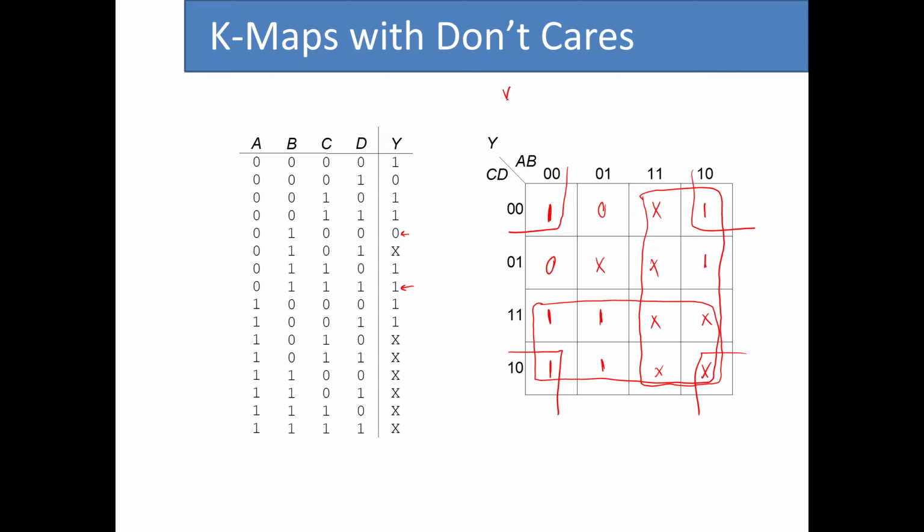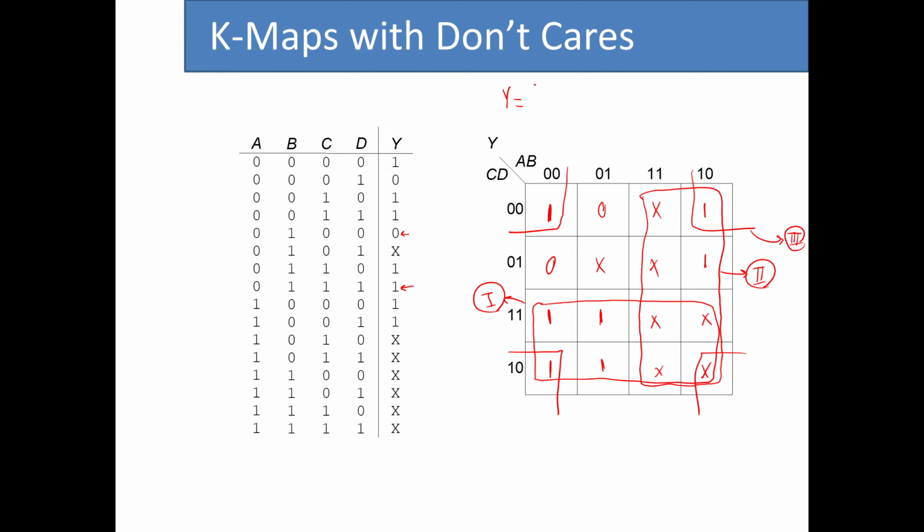So now if I want to write down Y, what I have is that I can start from the first circle, then this one was the second circle, and this one was the third one. So keep in mind that I always start with the largest circle, right? And then work my way down into the smaller ones, right?